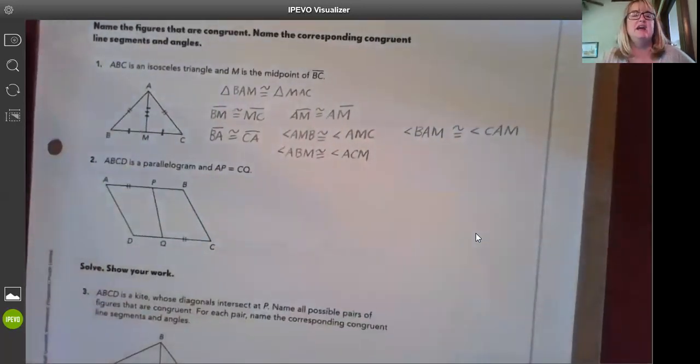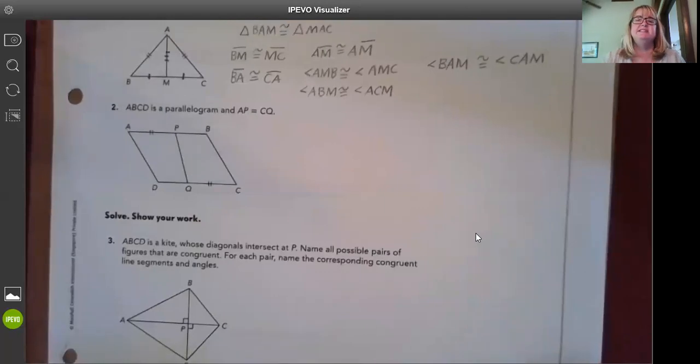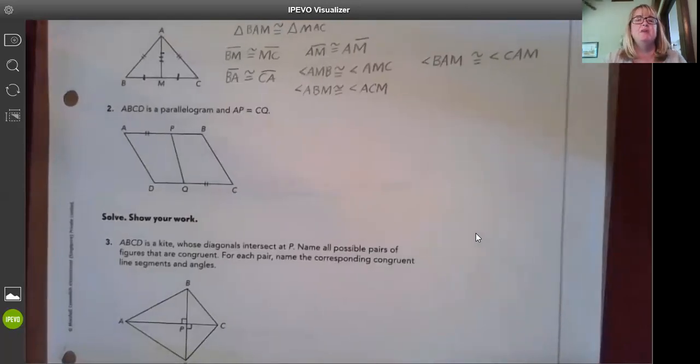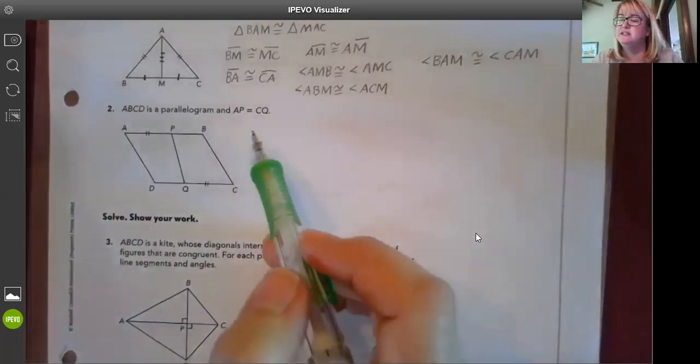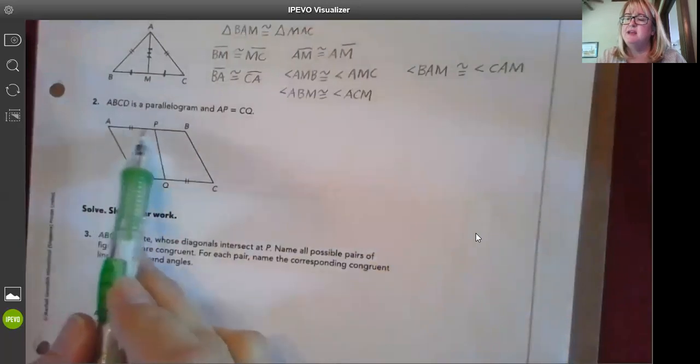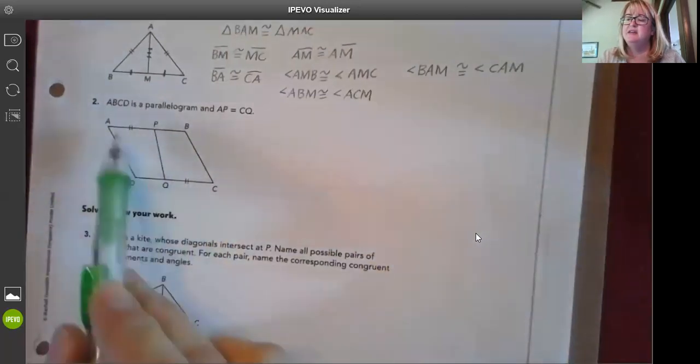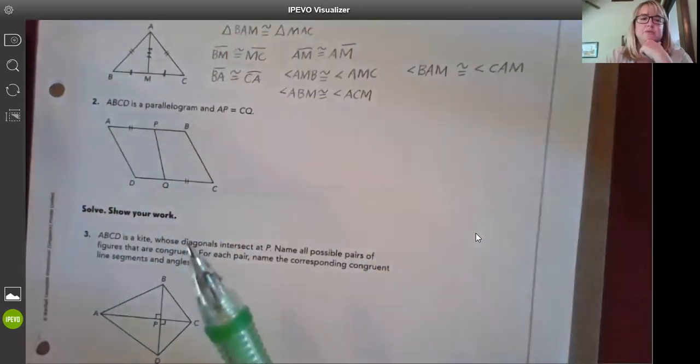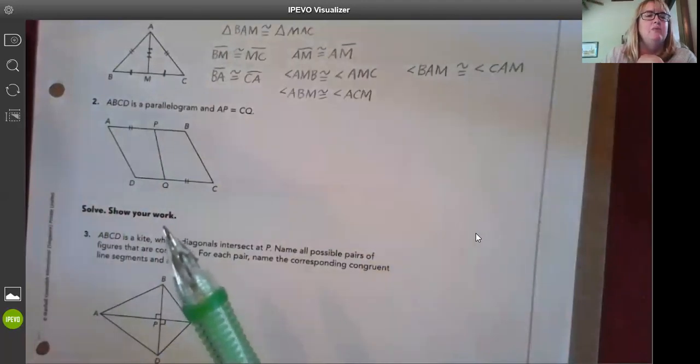All right, let's look at number 2. ABCD is a parallelogram, and AP is equal to CQ. Okay, so we've got AP and CQ are the same length. They've got the little hash marks to show that. Now, one thing about a parallelogram, opposite sides are the same length.